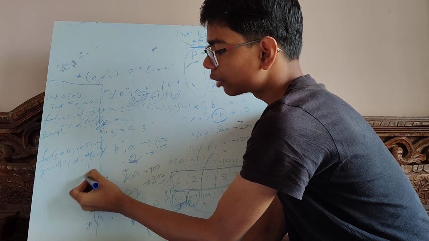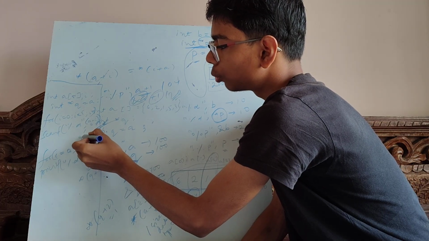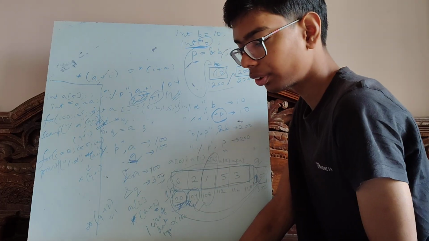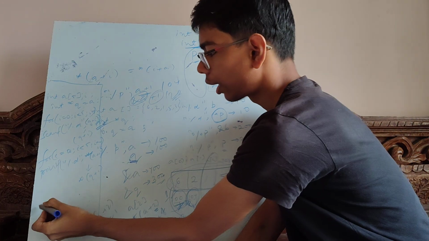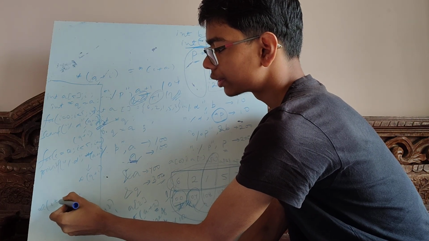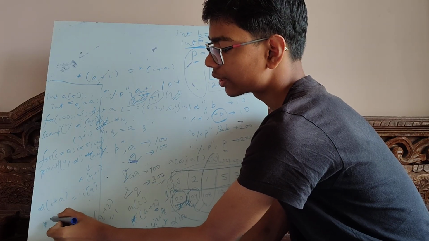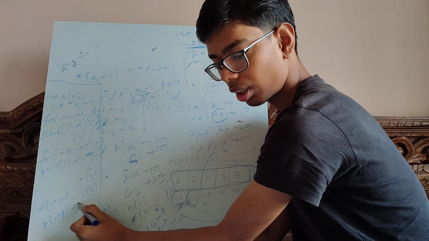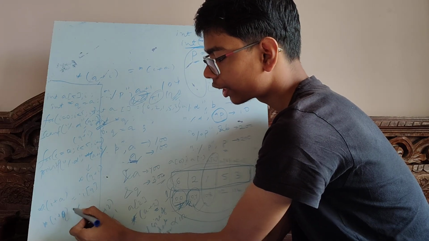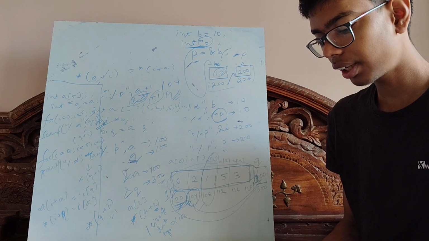Asterisk a plus i can also be written as asterisk q plus i, or q[i]. Now one more thing, asterisk i plus a can also be written as i[a], right? This was arrays and pointers.